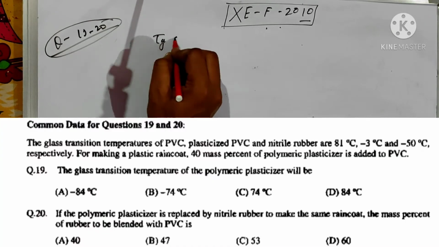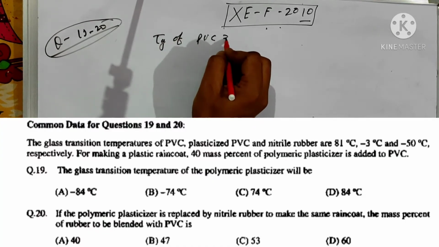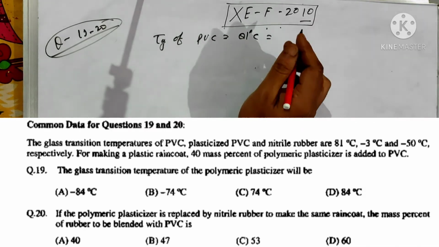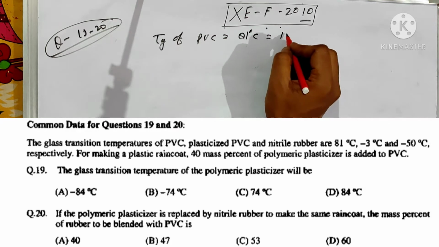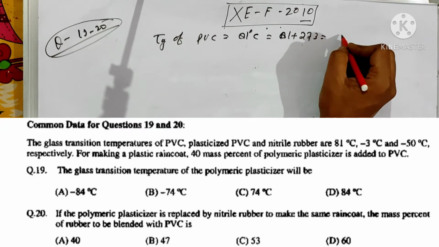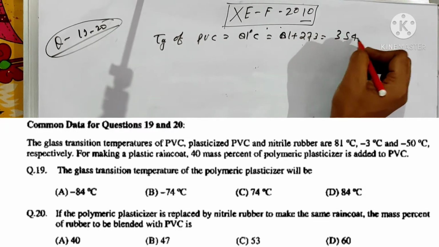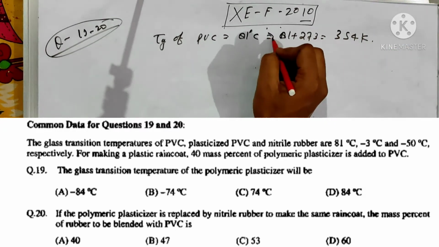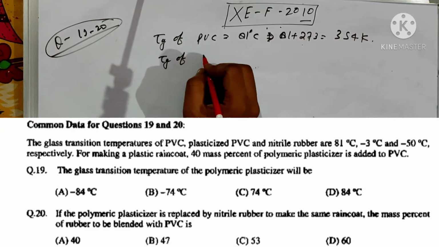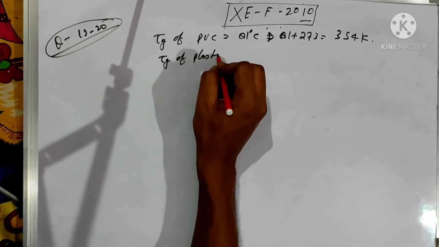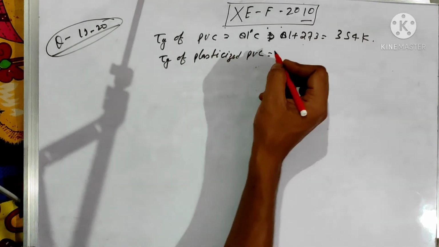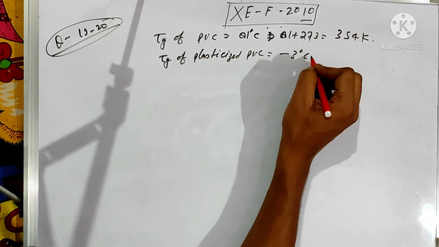The glass transition temperature of PVC is equal to 81 degree centigrade. Converting degree centigrade into Kelvin, 81 plus 273 is equal to 354 Kelvin. The glass transition temperature of the plasticizer is equal to minus 3 degree centigrade.